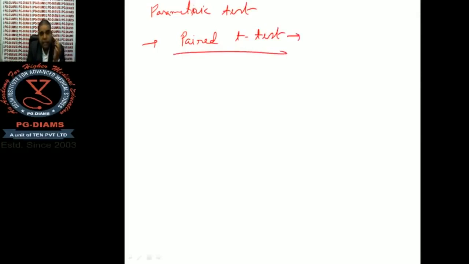In parametric tests, the main tests which we use are the paired t-test, student t-test and ANOVA. Paired t-test. In the paired t-test, there is only one subject, one group of subjects.